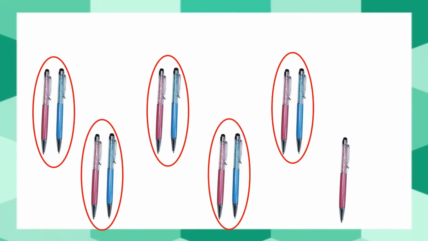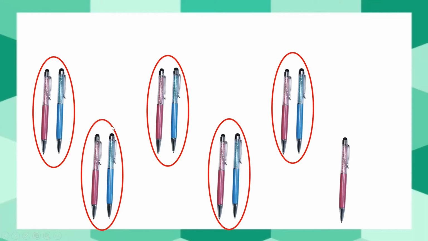Okay. So we have here an object. These are pens. Objects odd in number cannot be grouped into twos. One object is always left. Okay, so let me show you how. So we have here 11 pens. Let's group them by twos.